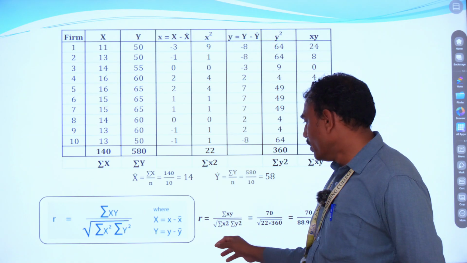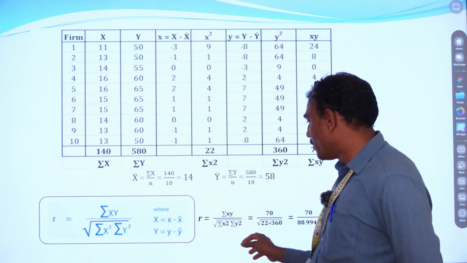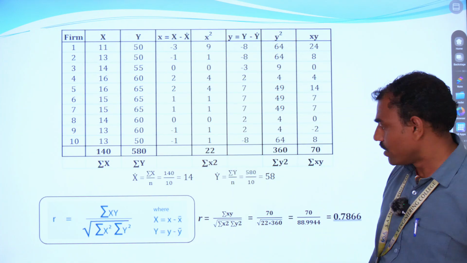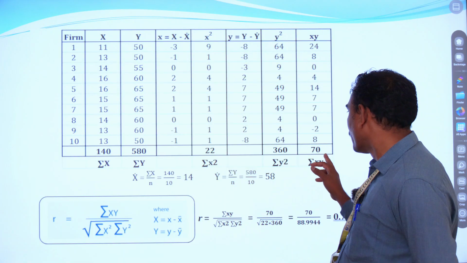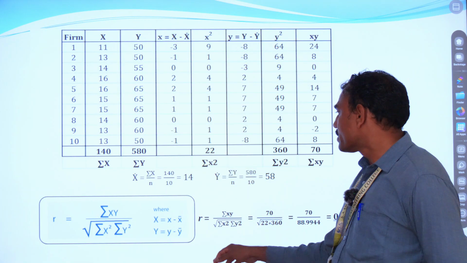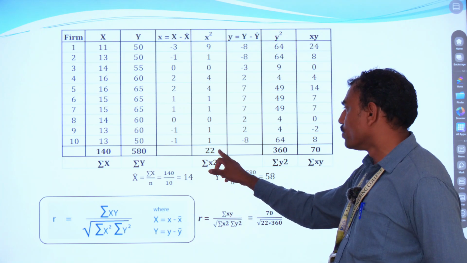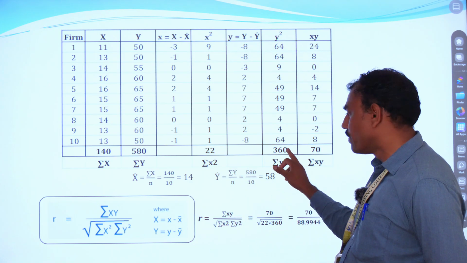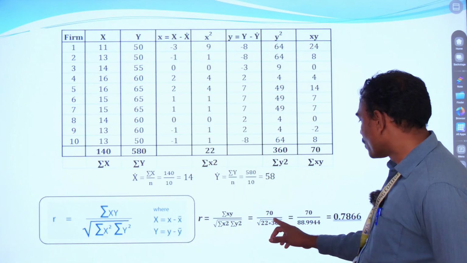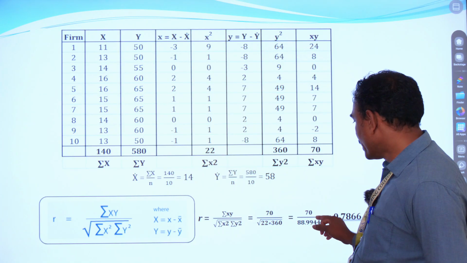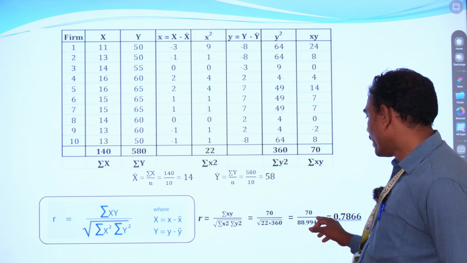So r equal to summation of xy divided by root of summation of x squared into summation of y squared. Summation of xy equal to 70, divided by root of summation of x squared equal to 22 into summation of y squared equal to 360. So 22 into 360, root is about 88.99.